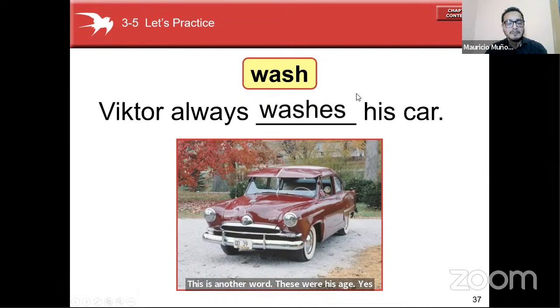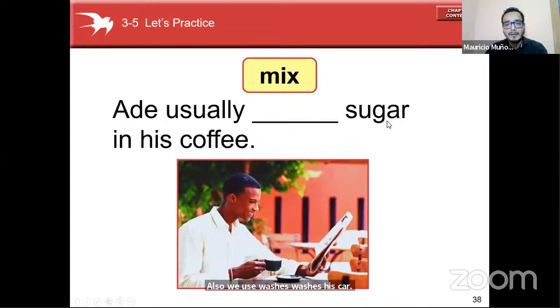Yes. So we use washes. Washes his car. Take a look. Here we have another kind of verb that ends in the letter x. It's third person, so we must add the suffix es: mixes.